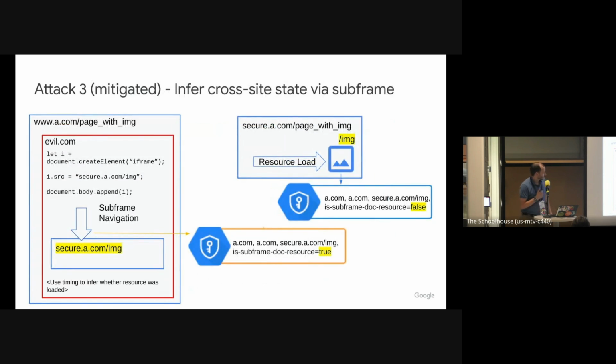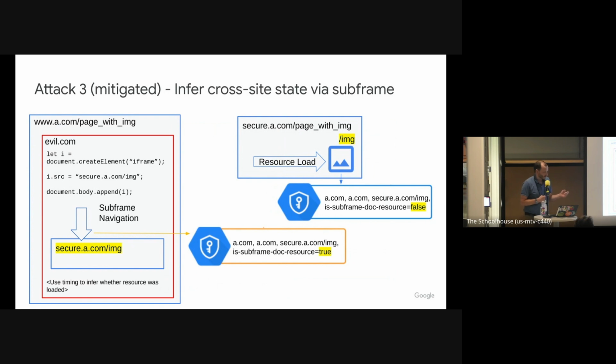And then the last attack that I wanted to highlight is a variation of this, but using iframes. And this one is actually mitigated in Chromium today. The attack involves a malicious iframe, where it can initiate a top-level navigation to a page that conditionally loads a resource. And then the attack is where it initiates a subframe navigation. So it just creates an iframe to the image resource.